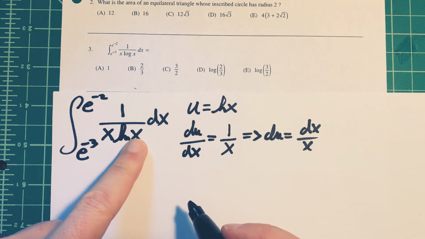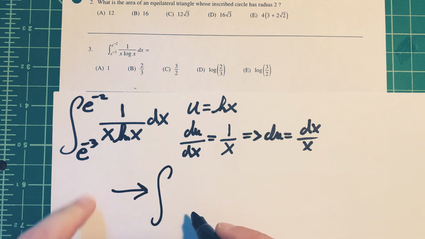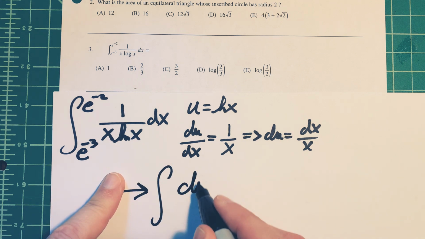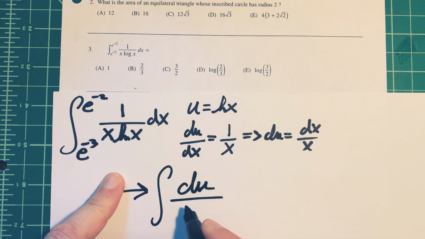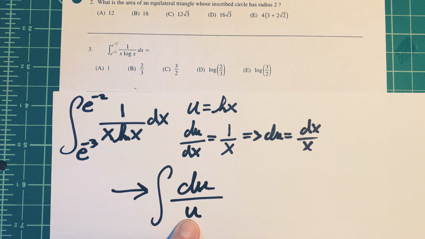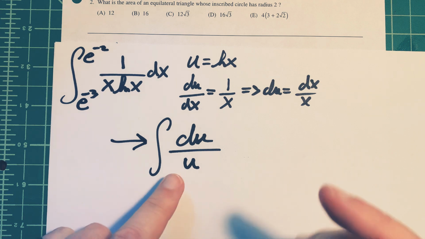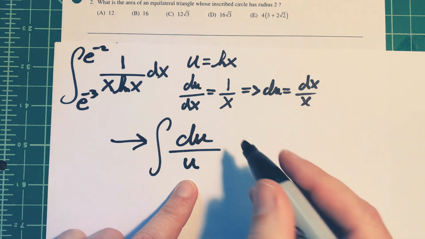Now, ln of x is u, so I'm going to rewrite this as du over u, okay? Now, this is one that, in calculus class, we have memorized, and of course we do because we just used it over here.